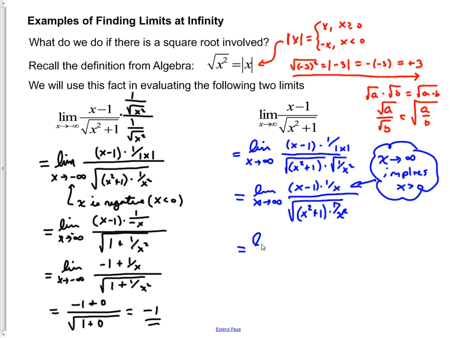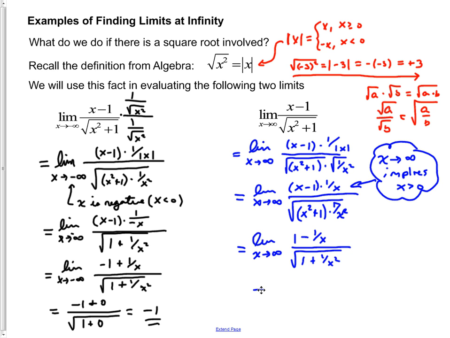That's going to be the limit as x tends towards infinity of 1 over x times x, which is 1, minus 1 times 1 over x, that's 1 over x, divided by the square root of 1 over x squared times x squared, that's 1, plus 1 over x squared times 1, which is 1 over x squared.